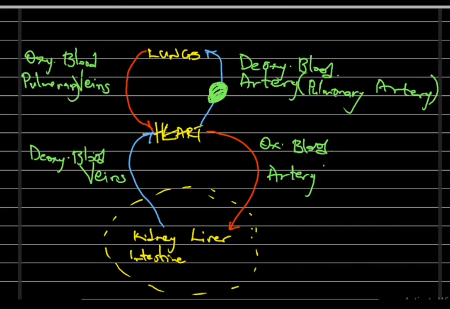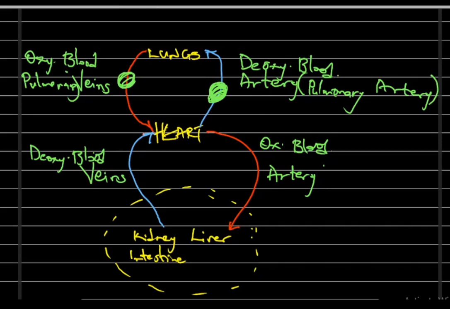Pulmonary vein. So this is what I'm talking about here. It carries oxygenated blood. So pulmonary vein is the only vein that carries oxygenated blood, and it comes from the lungs to the heart, while the pulmonary artery is the only artery that carries deoxygenated blood, and it comes from the heart to the lungs.